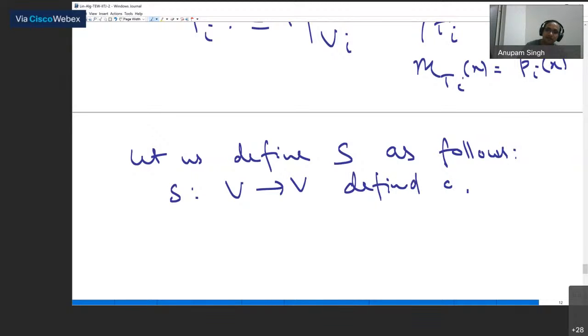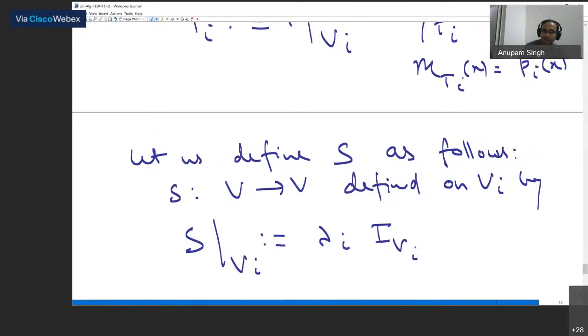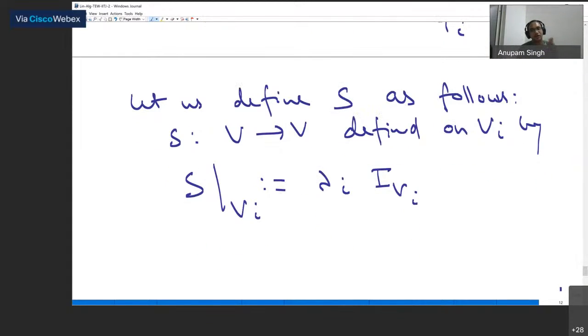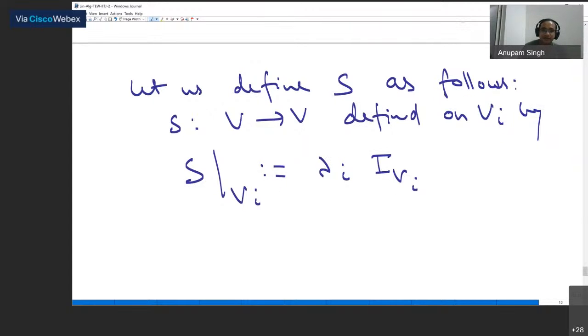S restricted to Vi, I will simply take as the scalar lambda i times the identity transformation on Vi. So on V1 it will be lambda 1, on V2 it will be lambda 2, and so on. This is how I define my S.